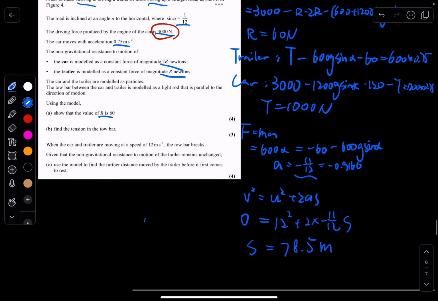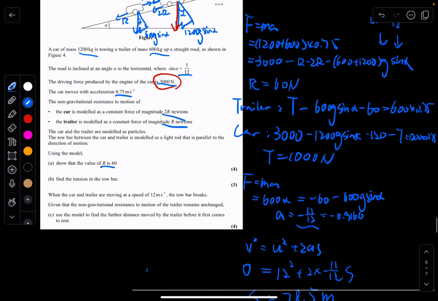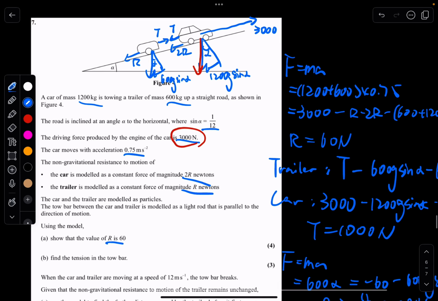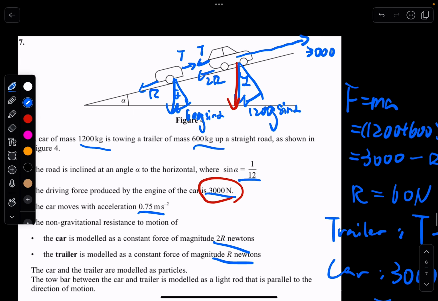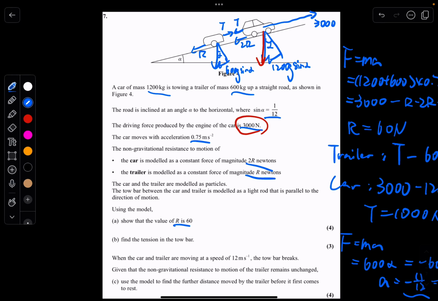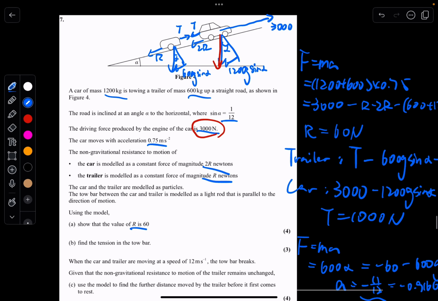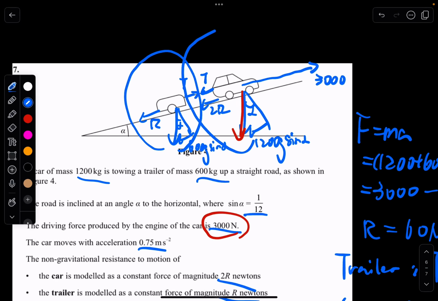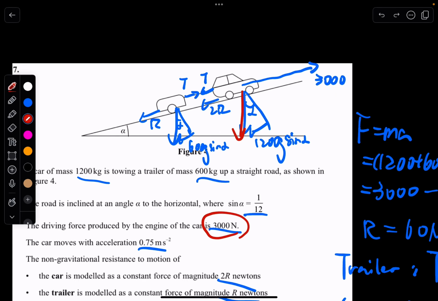I don't know if I explained that well, but to be honest, there's nothing much to say about these kinds of questions. You just have to model all the forces. It's kind of a classic question. So for part A, you have to use Newton's second law and consider the whole system.